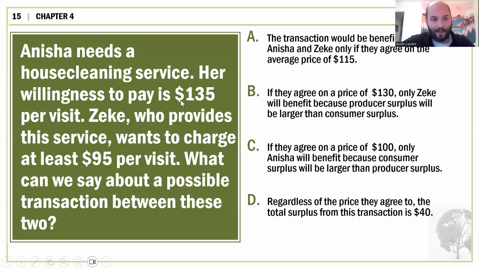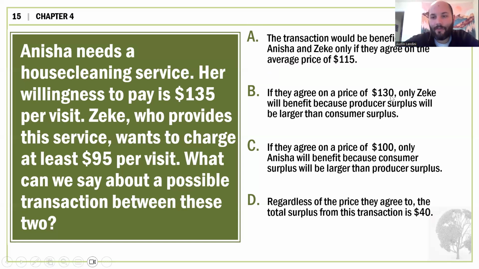If that happened, Anisha was willing to pay $135 but only has to pay $115, so she gets 20 surplus. Zeke gets 20 surplus as the difference between his willingness to supply, 95, and 115. So in this case, consumer surplus equals producer surplus equals 20.